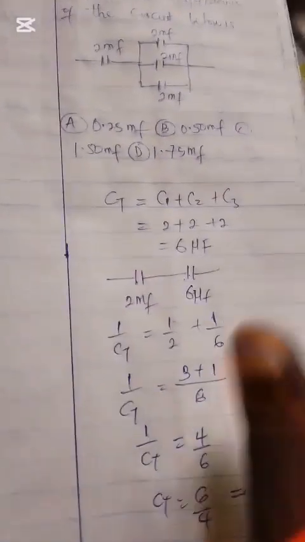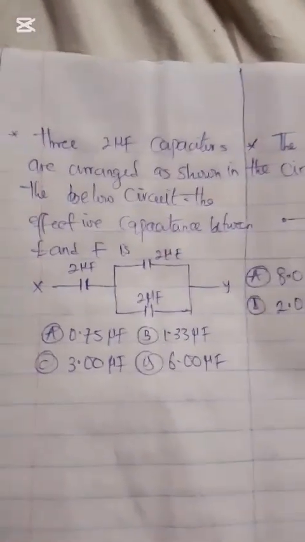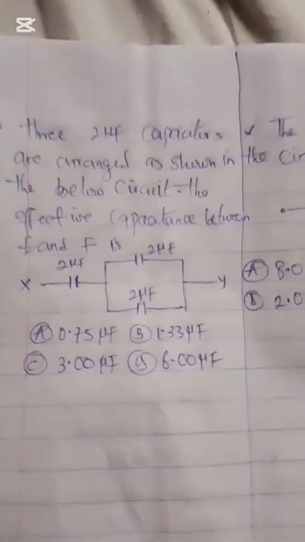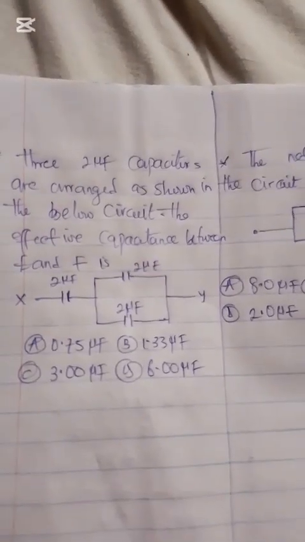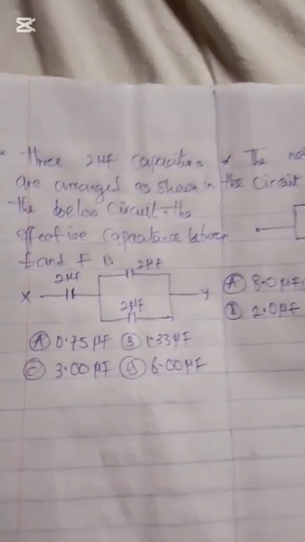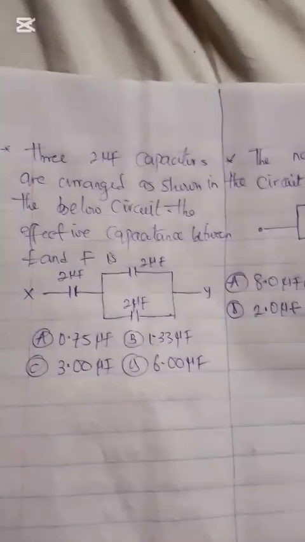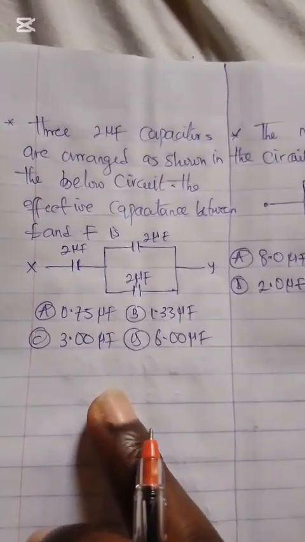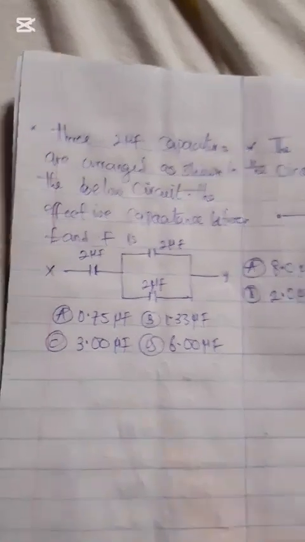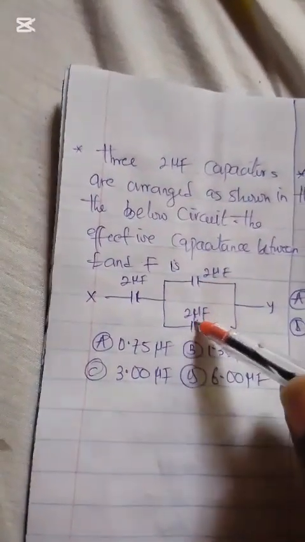Then let's look at another question on that. Here we're having three 2 microfarad capacitors. So we have three capacitors, but each of them has a capacitance of 2 microfarad. As you can see in the diagram below, we have to look for the effective or the total capacitance. This and this are already parallel.